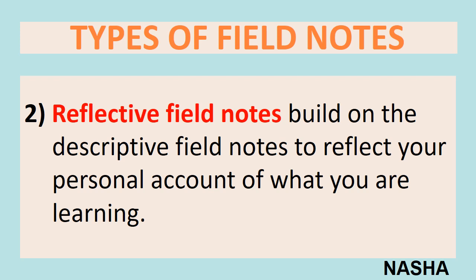The second type of field notes is the reflective field note. Reflective field notes build on the descriptive field notes in order to reflect your personal account of what you are learning.